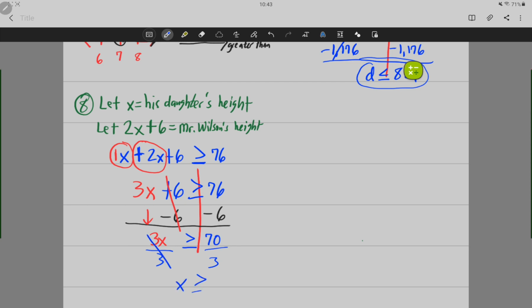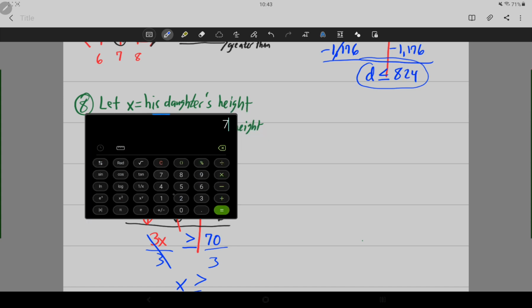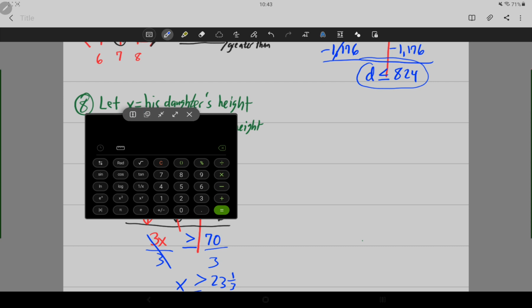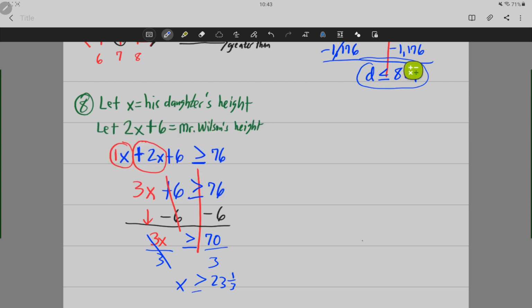Wait, hold on. 70 divided by 3 is going to give us a repeating decimal, 23.3, which is 23 and 1/3, so I definitely did something wrong. All right, so that's why it helps to look at what we've done and figure out where we went wrong.